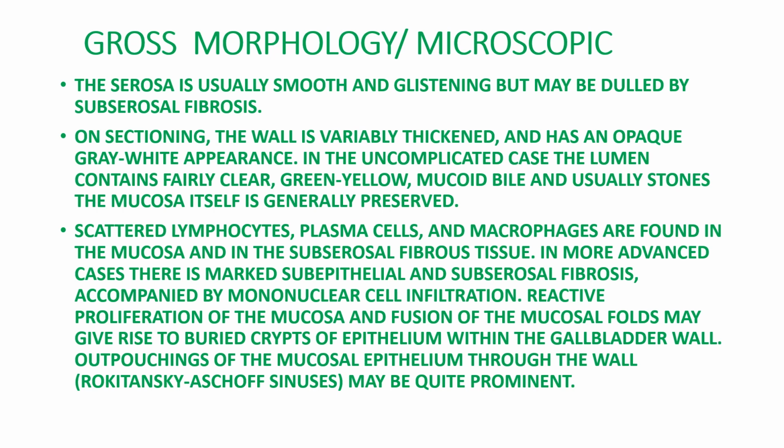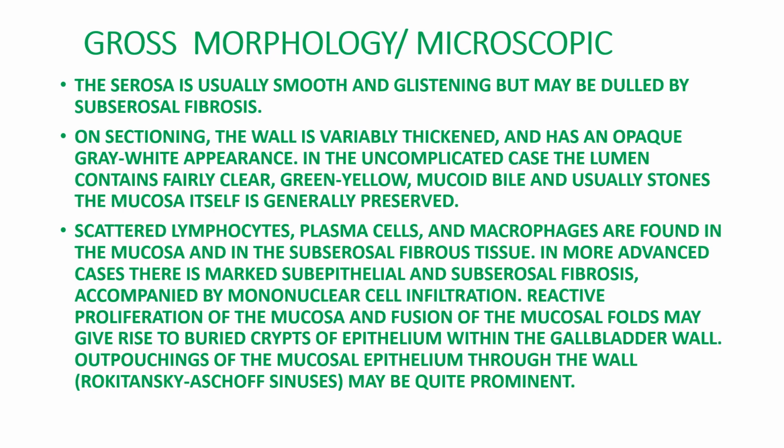The histological examination shows scattered lymphocytes, plasma cells, and macrophages which are found in the mucosa and in the subserosal fibrous tissue. In more advanced cases, there is marked subepithelial and subserosal fibrosis.